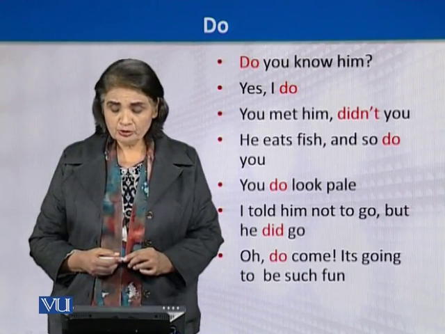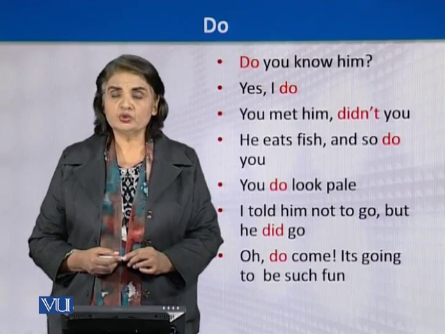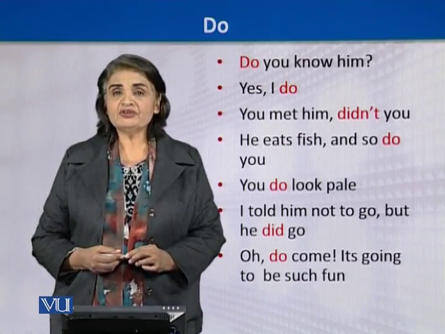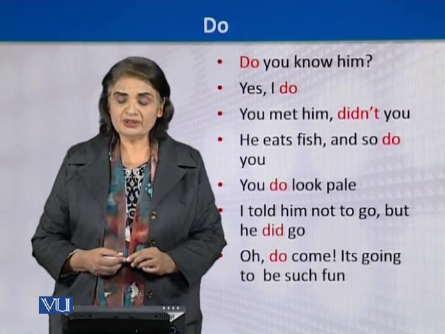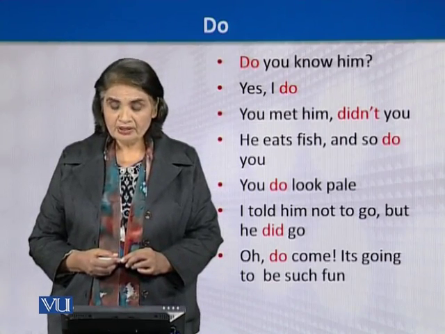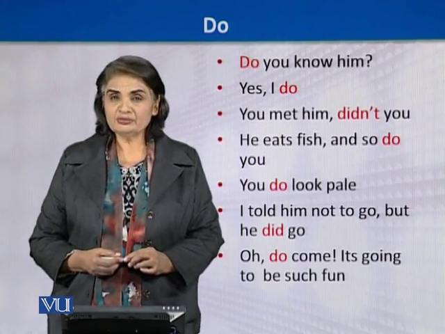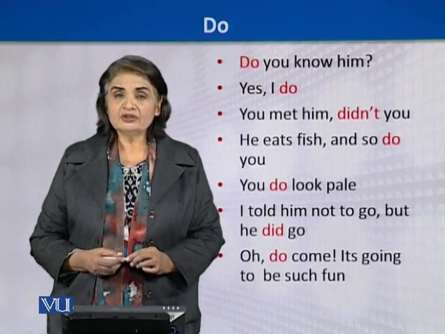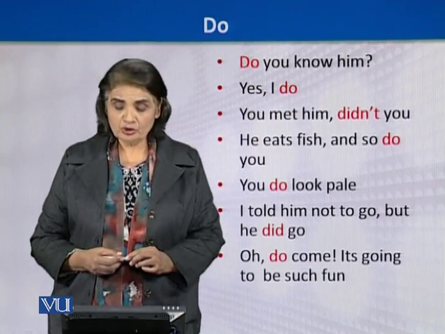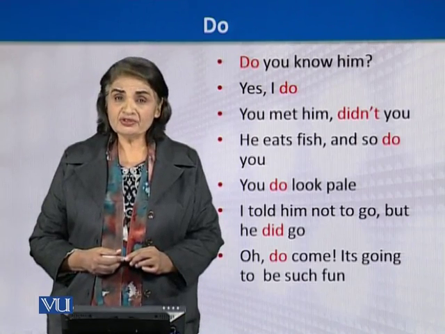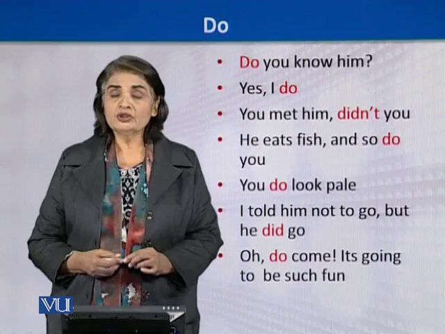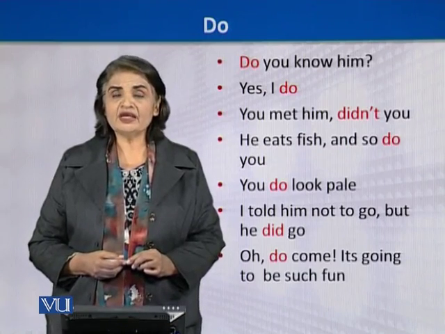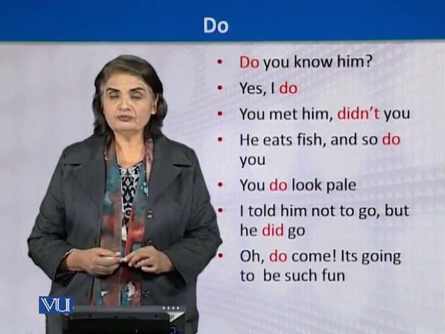I told him not to go, but he did go. What is the function of the auxiliary verb in this case? He did go. That means the action is being emphasized, that although he was told not to go, he was given the instruction not to go, but contrary to that, the action was taken.